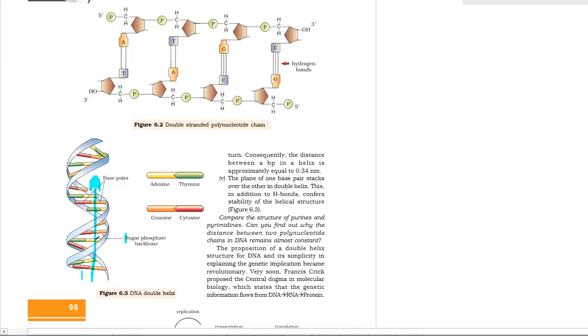If I place my thumb like this, showing the direction in which it is going, then my fingers are curling inside, right? So my fingers are curling inside. So this is known as the right-handed helix of the DNA, and the fingers show the direction in which it is turning. So this will be known as the right-handed helix.